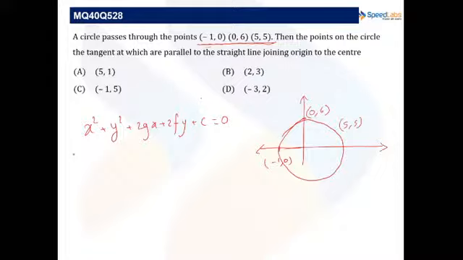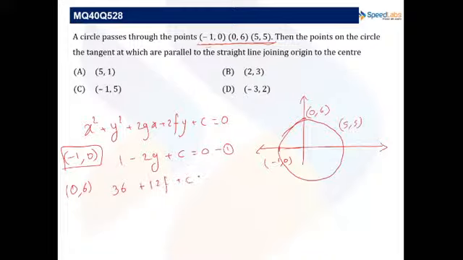Substituting all these points, first (-1, 0), we will get 1 minus 2g plus c equals 0, equation 1. Then (0, 6), we will get 36 plus 12f plus c equals 0, equation 2. And then (5, 5), that is 25 plus 25, 50 plus 10g plus 10f plus c equals 0.